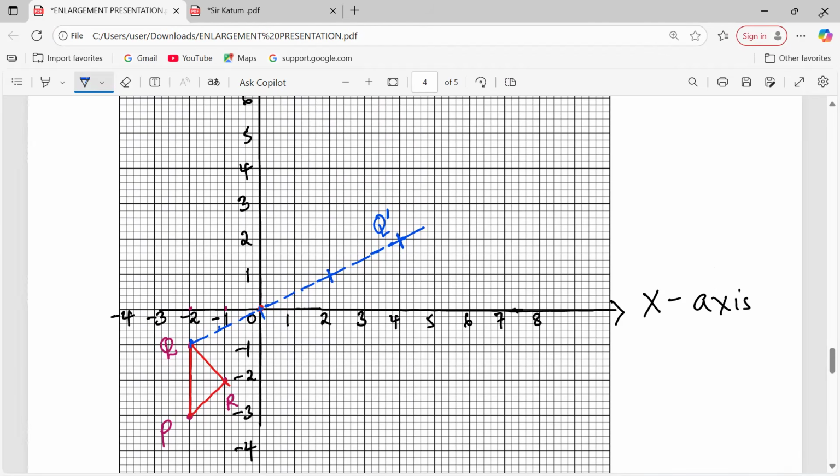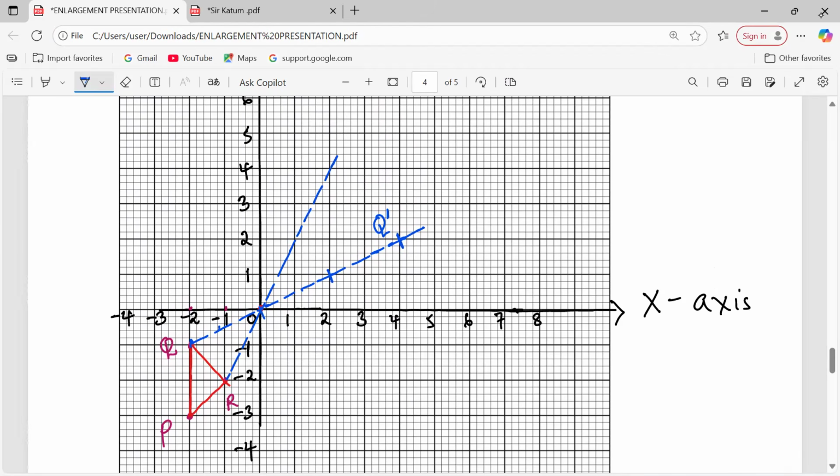So we join R to the center. We have R joined to the center. Then we extend to the opposite side. Remember, the scale factor is negative. So when we join this time around, we are extending on the opposite side.